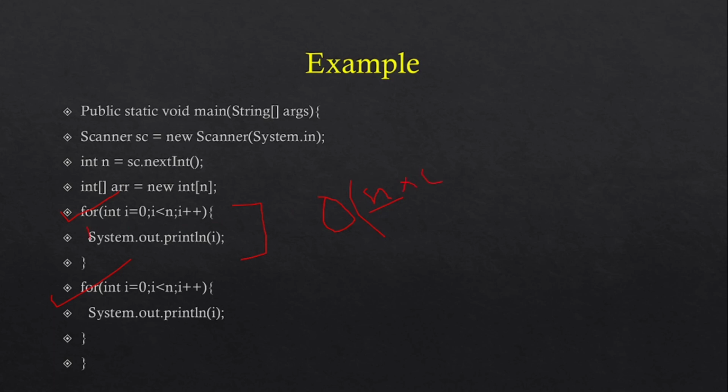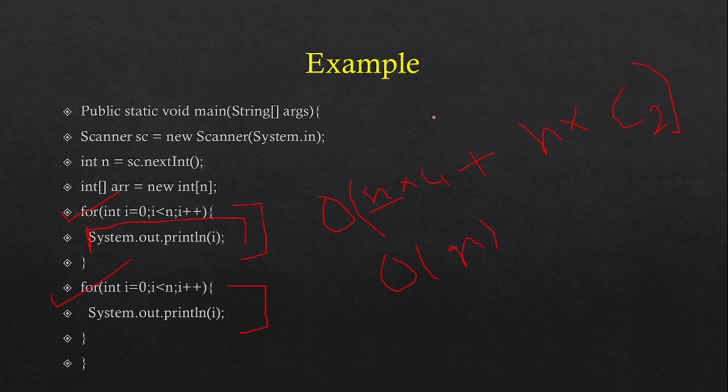Because for this statement, I have already told in my previous slides, you will always get constant time, right? Then plus, for this for loop, the same thing will happen, n into c. Okay, c1, c2, right? So now at the end you will get order of n.